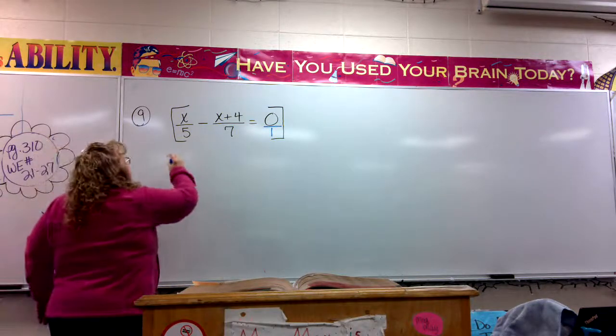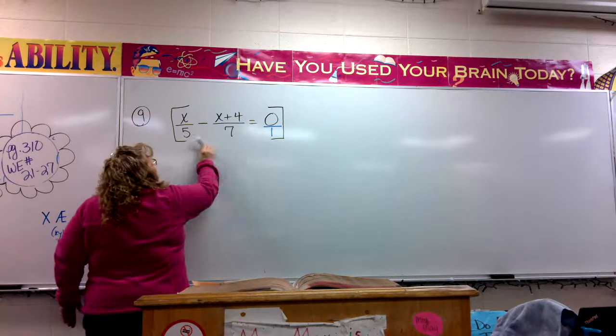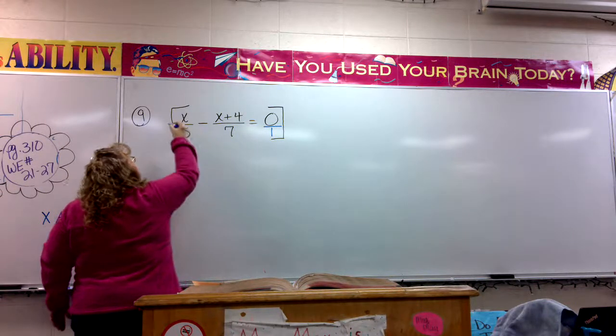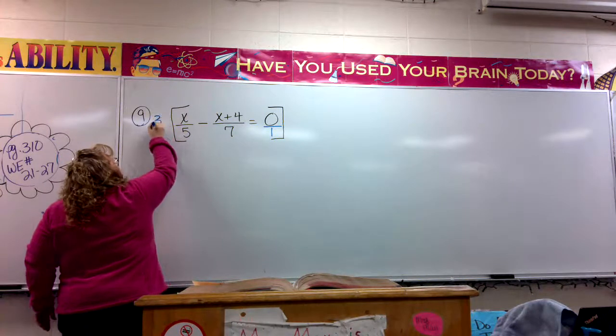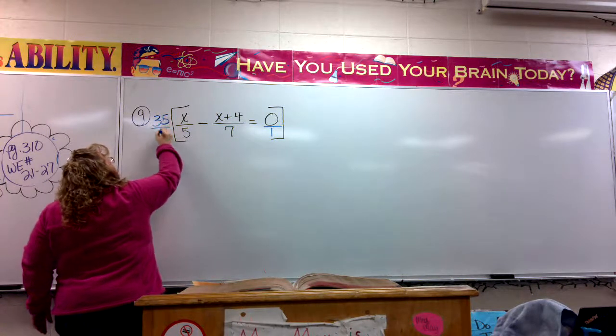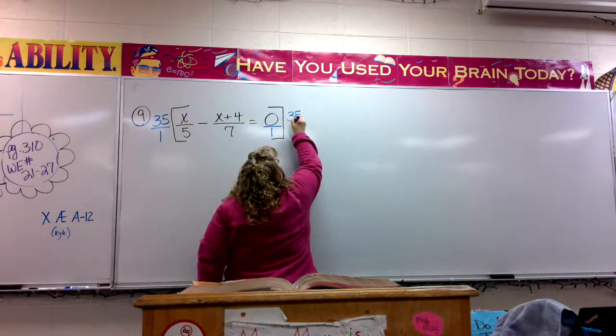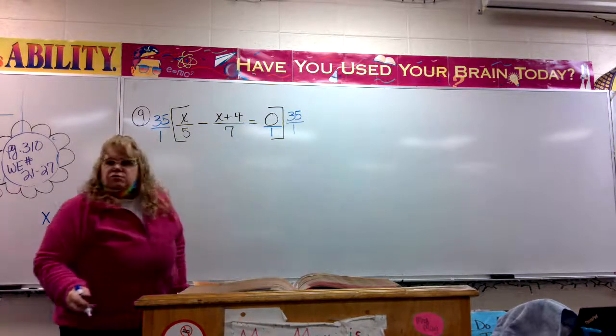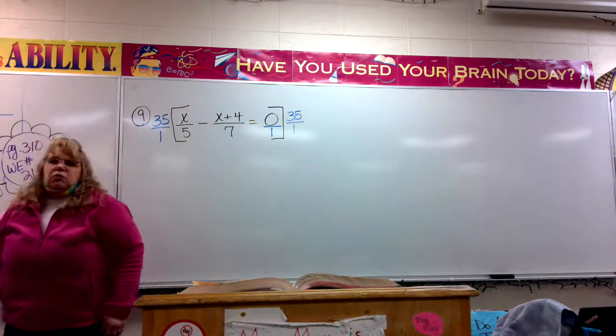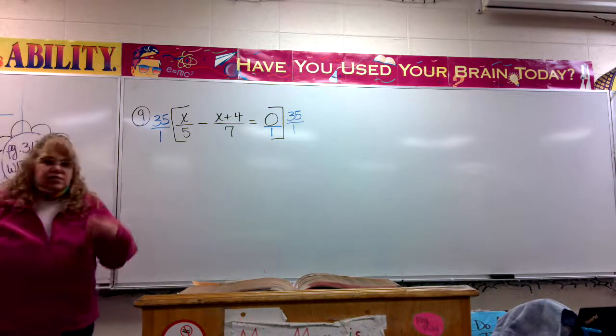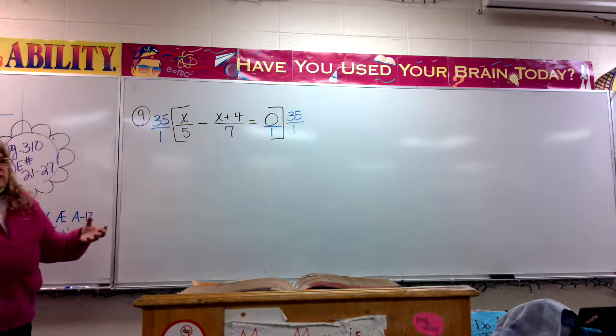So instead of finding the equivalent fractions, what we're going to do instead is multiply both sides by 35 over 1. Remember, you can do whatever you want to an equation. The only rule is whatever you do to one side, you have to do to the other, right?